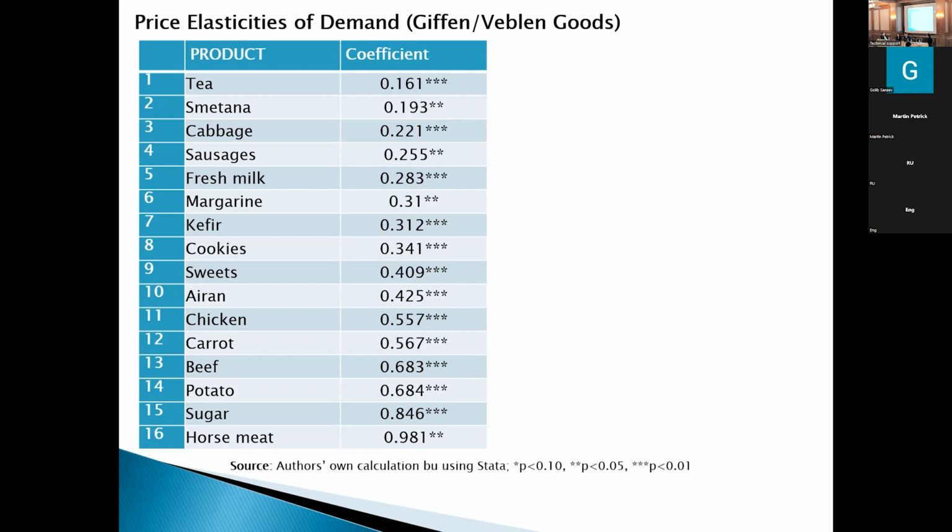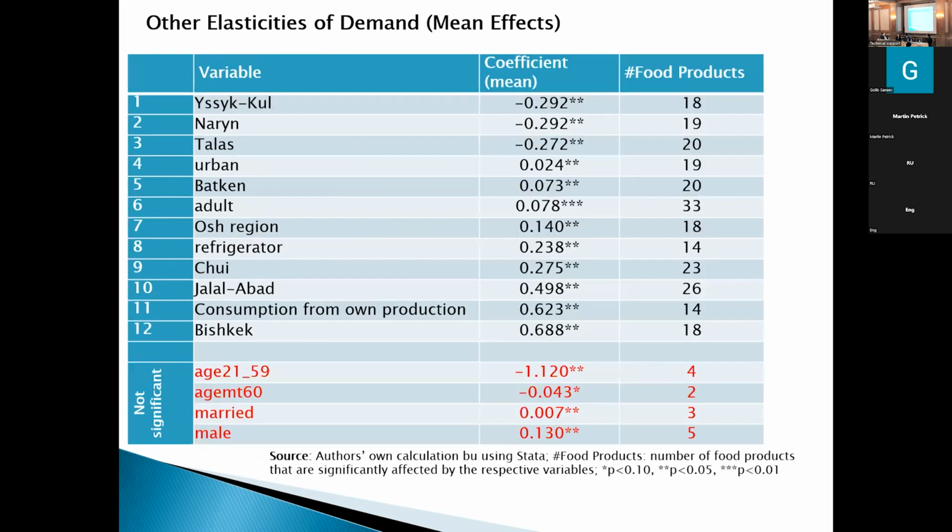I don't have the list of them here. We also have the results for the dummy variables for the regions. We can see here that Naryn and Talas have lower consumption, or they give less response.